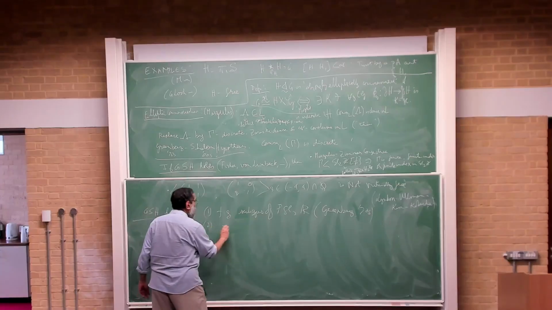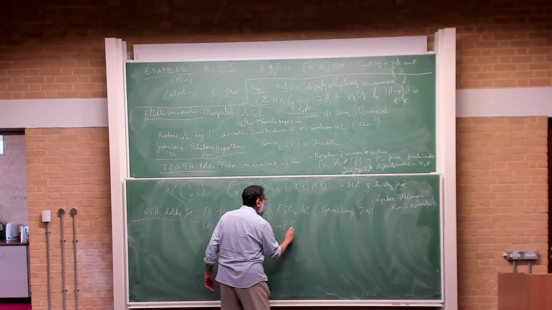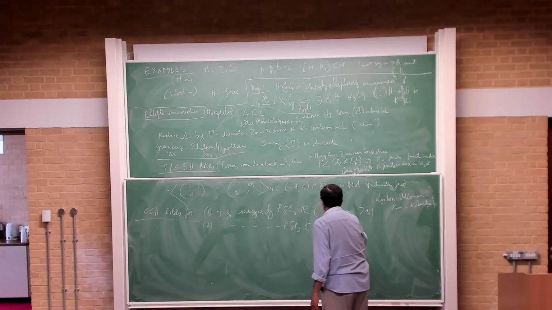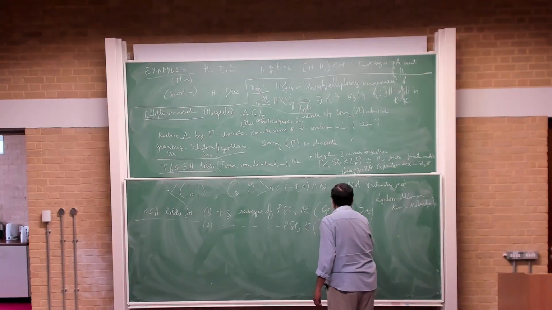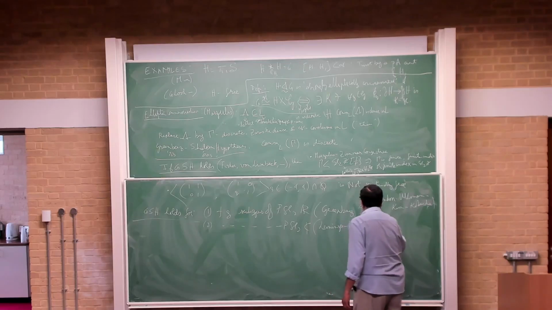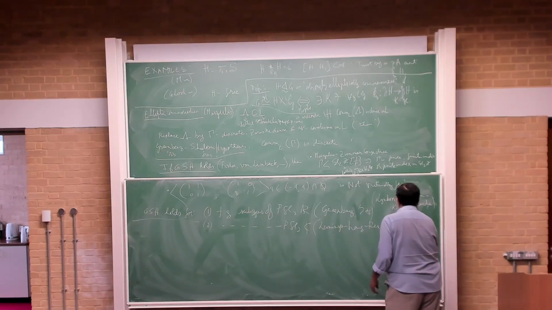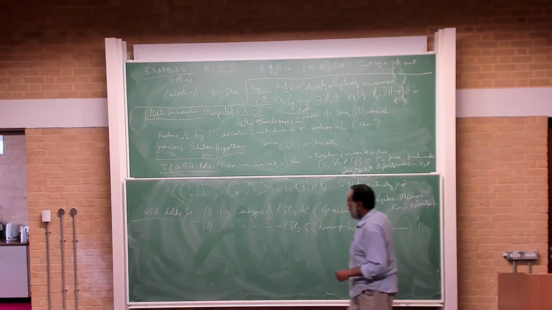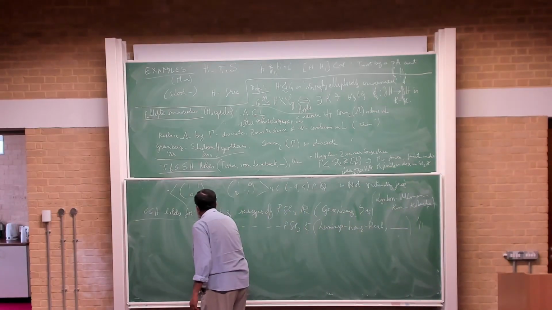Second, finitely generated subgroups of PSL2C. This is by Chris Leininger, Darren Long, and Alan Reid. That's where I started off. And then it's complete. This is around 2011.